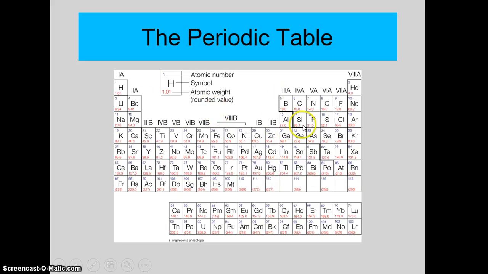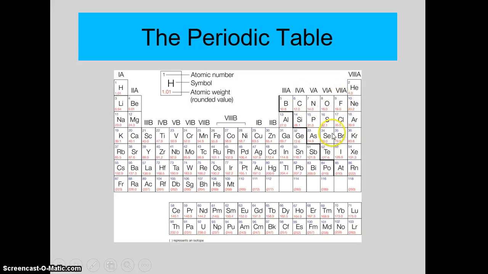Right along the jagged line, things like silicon, germanium, and arsenic and tellurium to some extent, and of course boron to a lesser extent, are considered semiconductors. They act like metals in some situations, and in other situations they act like this group over here to the right-hand side of the jagged line.